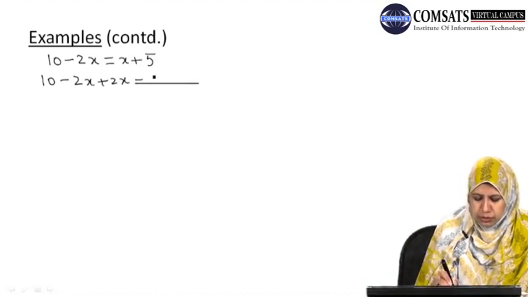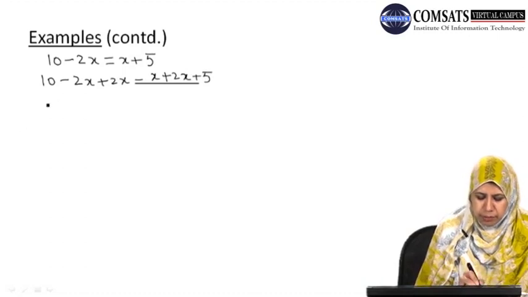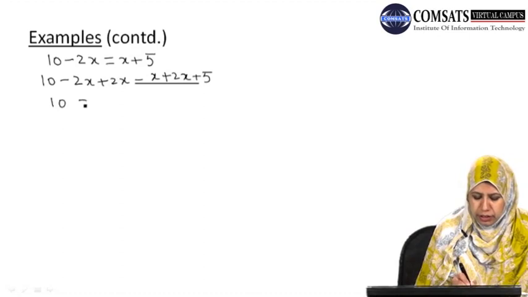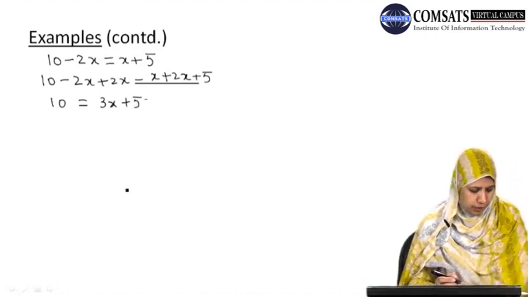Is equal to x plus 2x plus 5. Simplifying, we obtain 10 on our left side and 3x plus 5 on our right side.